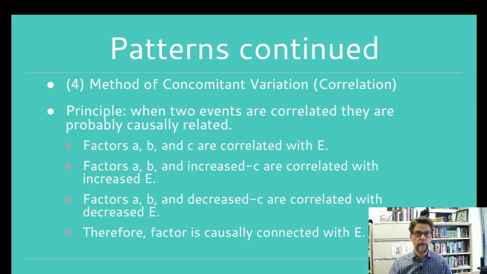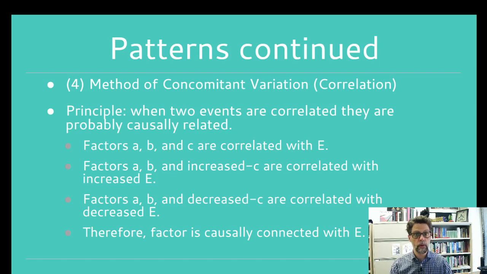So for example, if someone smokes 10 cigarettes a day, maybe there's a certain percentage chance they get cancer. But if they smoke 2 packs a day, that percentage chance they get cancer goes up, and if they decrease smoking, those percentage chances go down. Smoking intensity varies with cancer likelihood. Since those two things co-vary together, they're probably causally correlated.